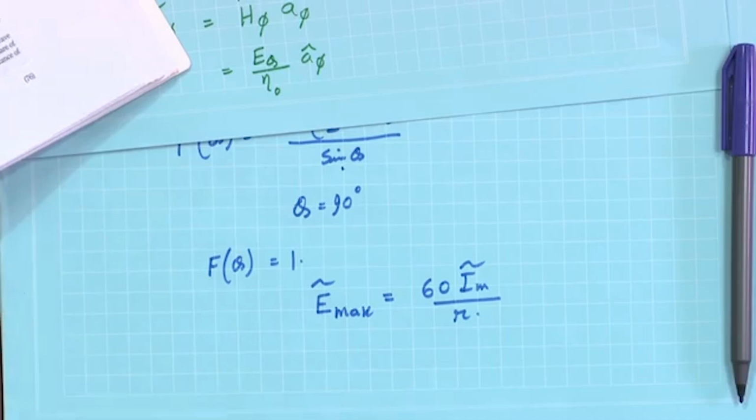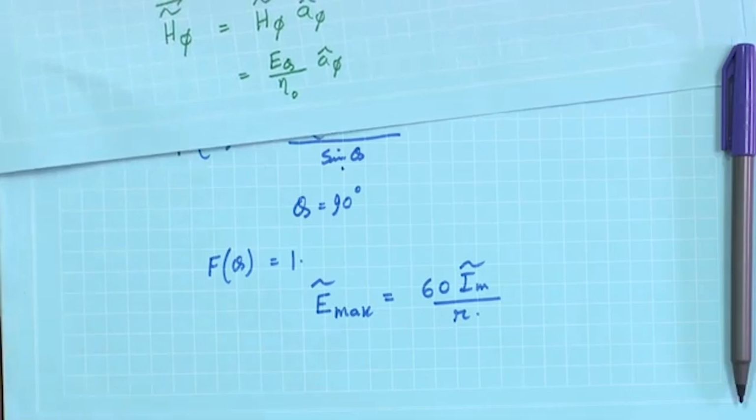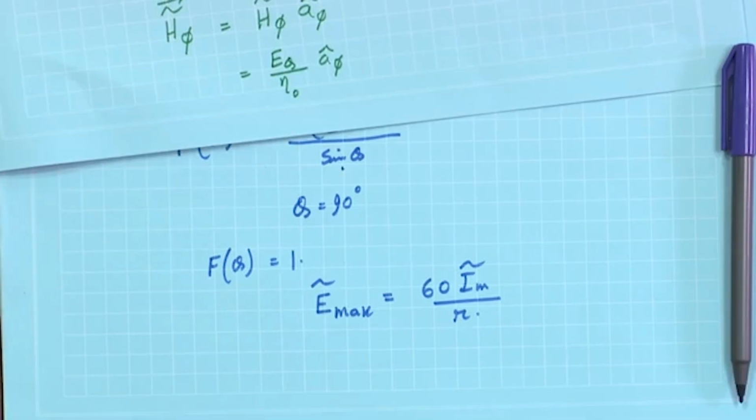If we have L equal to lambda by 2, then for this lambda by 2 case you see a pattern like this, and please note that the whole E field expression does not have any variation with phi. That means in the azimuthal direction it will be a circular pattern.